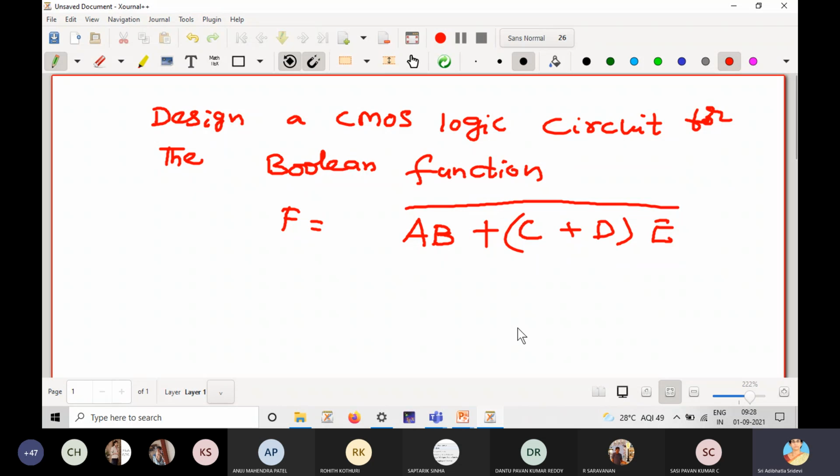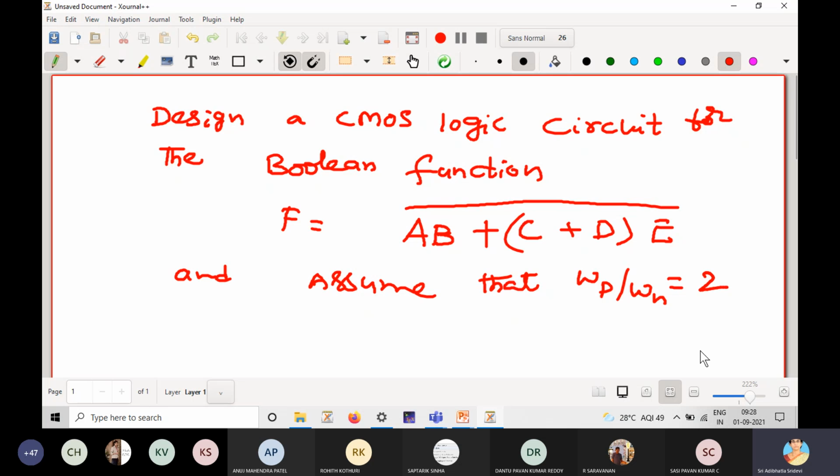Do you see the screen? Yes, ma'am. First, develop the circuit and assume that WP by WN equals 2, which means basically the width of PMOS is twice that of NMOS.